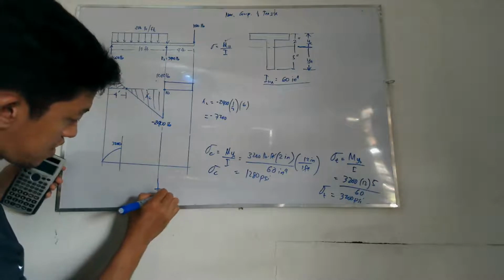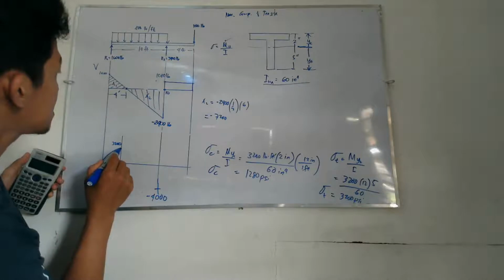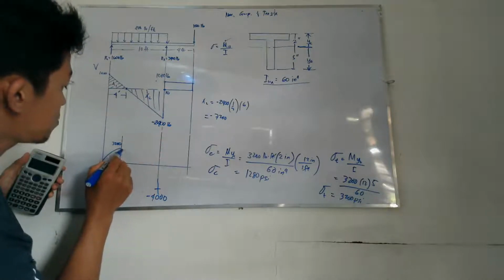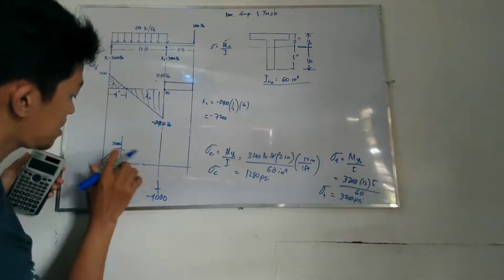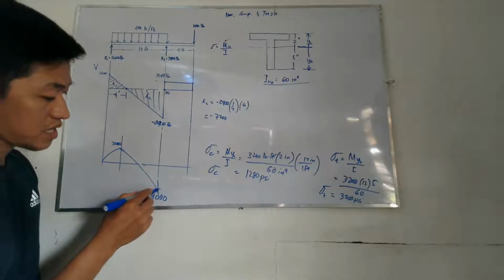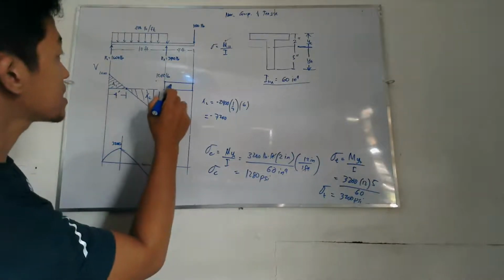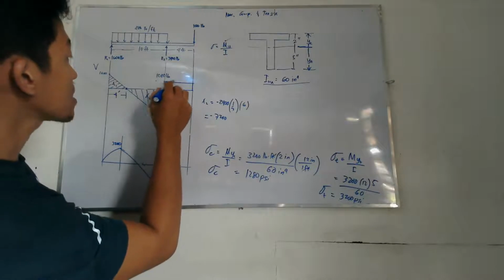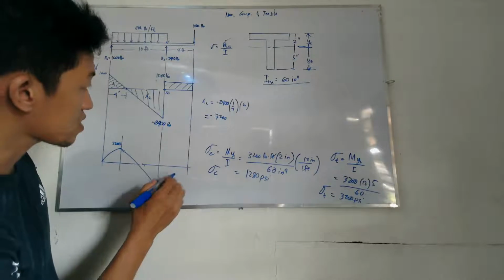Negative 4,000 paano na dire? Ubos, no? Ay mali. Okay, so mao ni ang moment dire. And then kaning area positive 1,000 times 4, 4,000.